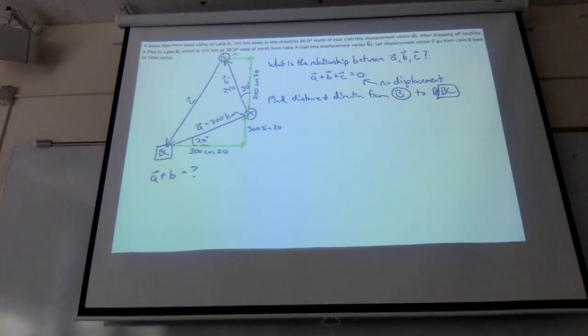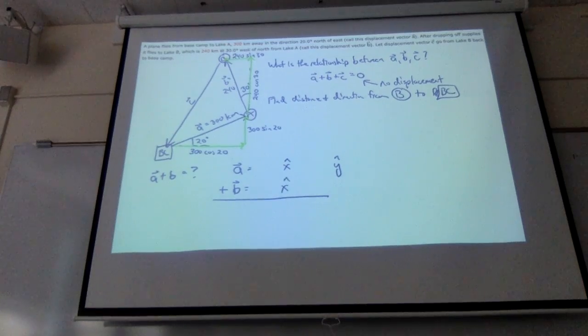And this one will be 240 sine 30. We'll have to figure out what all those are in a second. Okay? So if I want to add A plus B, we do that like this. We add vectors. So we could express these in terms of so much in the x direction and so much in the y direction. And then we'll add up those columns.